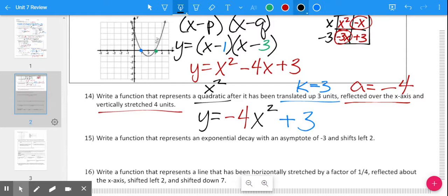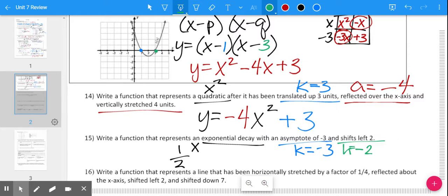So the next one is an exponential decay. So I know I'm going to have half with an x in the exponent. It says an asymptote of negative 3. So k equals negative 3. And a shift 2 units left. So that would be in the exponent with x. And it's a negative 2. Your h equals negative 2.